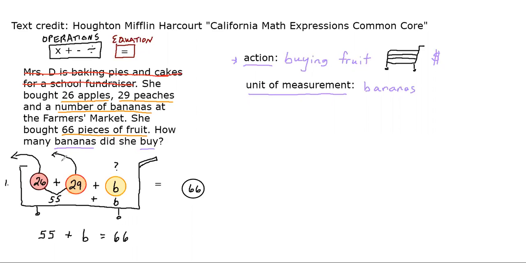If I'm taking away fruit, what operation symbol is that? And if some of you said subtraction, you're right. Okay. What are we subtracting? So I'm going to put in my subtraction sign.